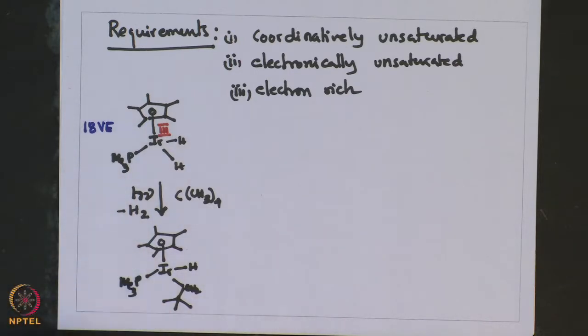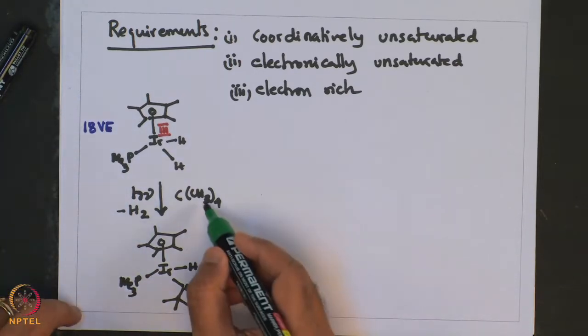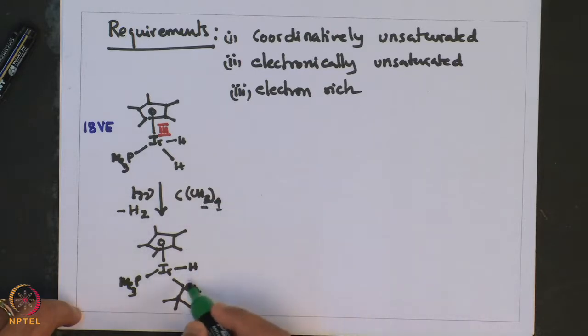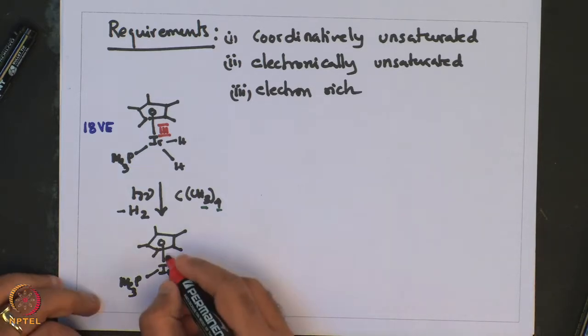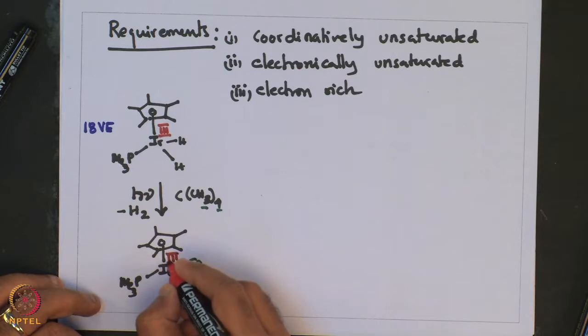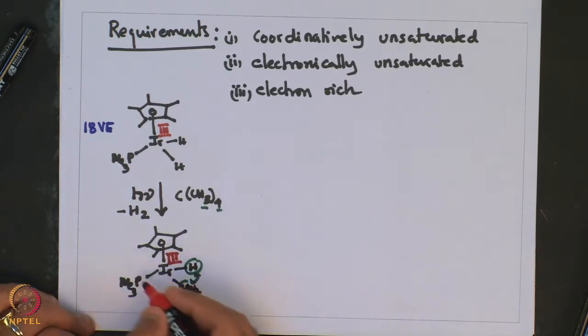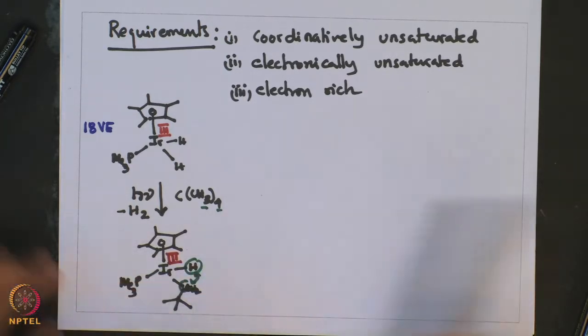So, in this complex, a methyl iridium has undergone CH activation over here and has produced this iridium hydride complex, which also is an iridium 3 complex having 18 valence electrons.